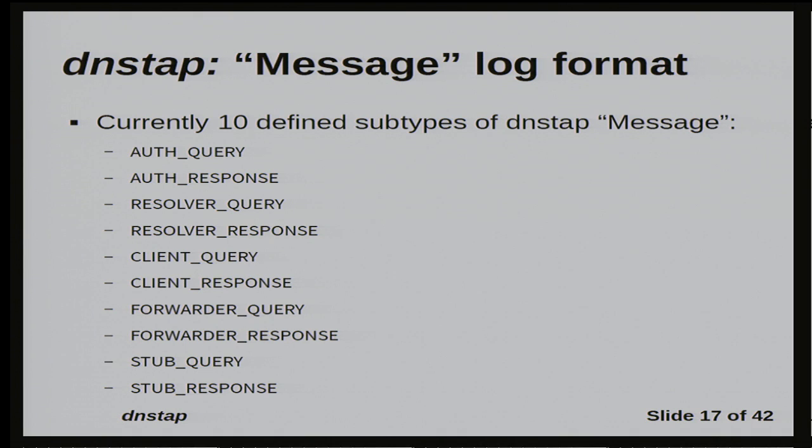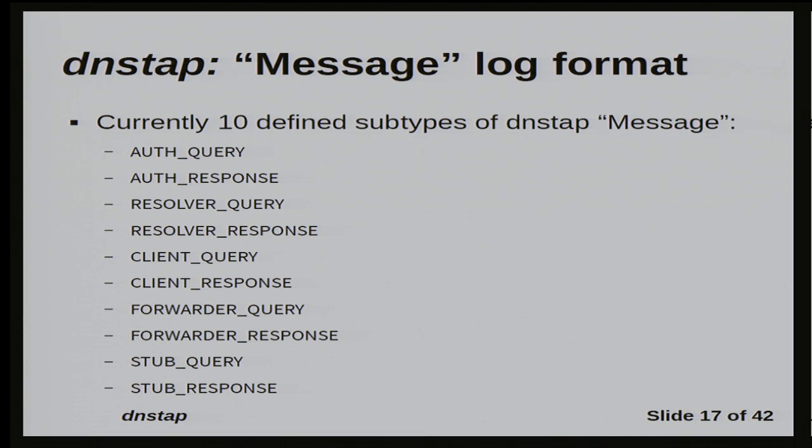There's currently one top-level message type, and that type has 10 different subtypes corresponding to these different code sites for all these different roles in the DNS protocol. So we have authoritative servers, and they can receive queries and send responses, and resolvers can send out queries and get responses back from the authoritative name servers.